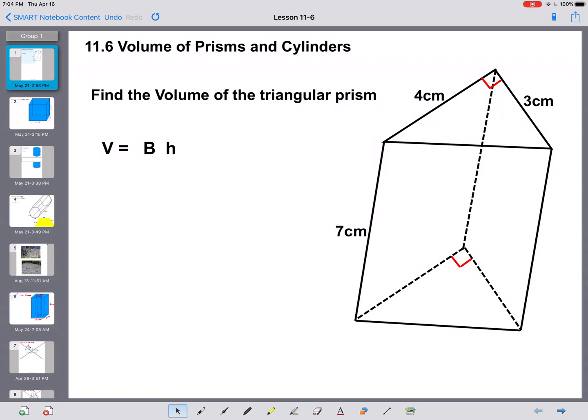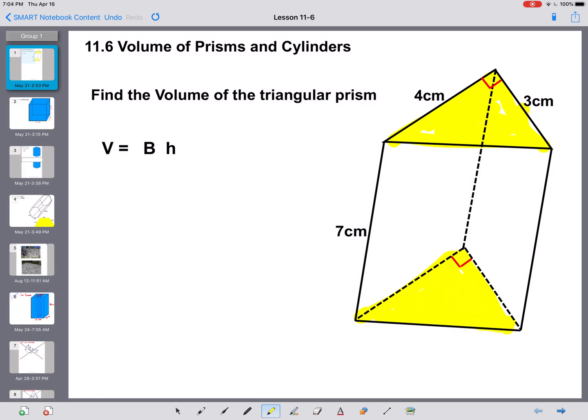Let's get started. We are in 11.6, looking at volume. Again, volume is how much stuff can I shove inside the object. What I have here is a prism. I have a triangle on top, triangle on the bottom. We're going to call those the bases, okay?